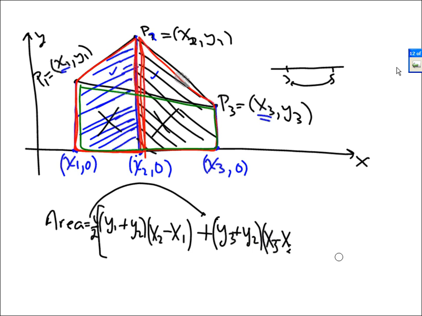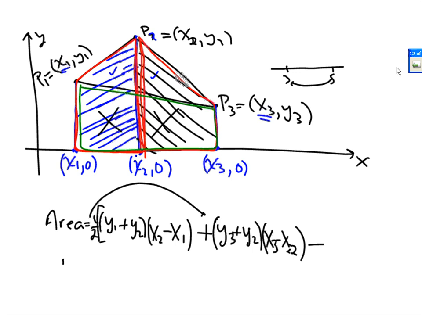That's too much. I need to take away some stuff. And what I need to take away is the lower trapezoid. And once I take that away, we'll have the formula. I have to take away the lower trapezoid. Let me just make this bracket a little bit smaller.